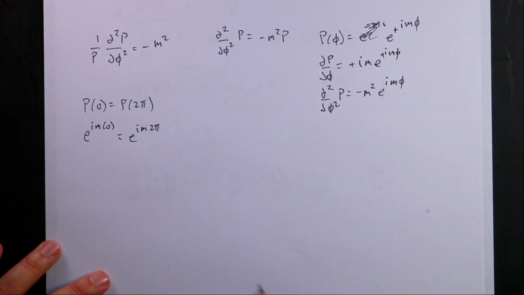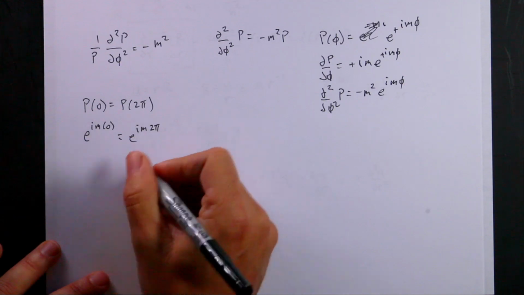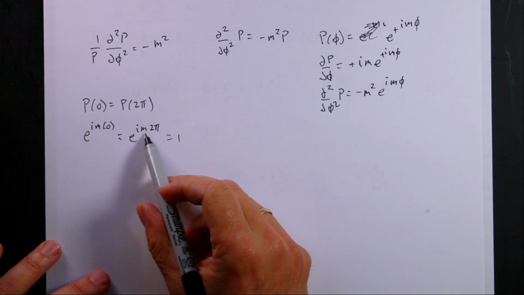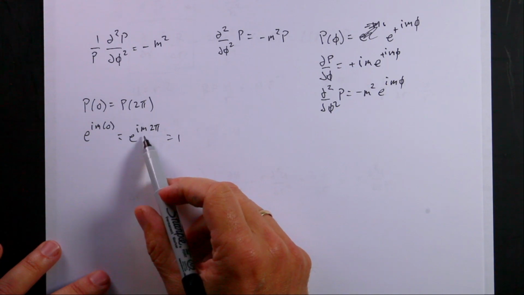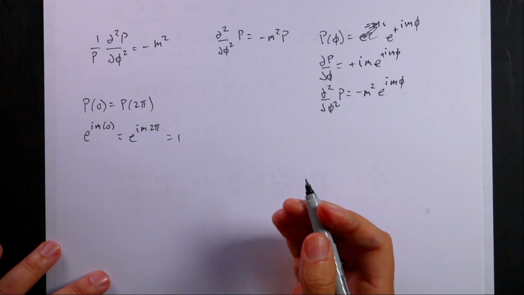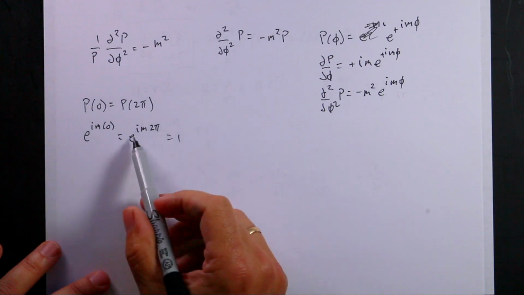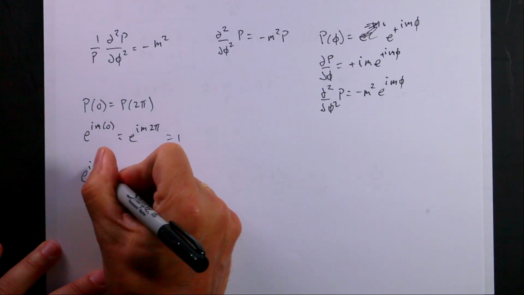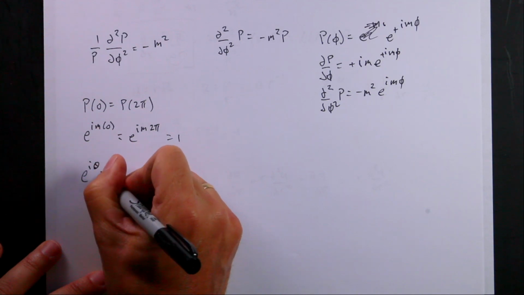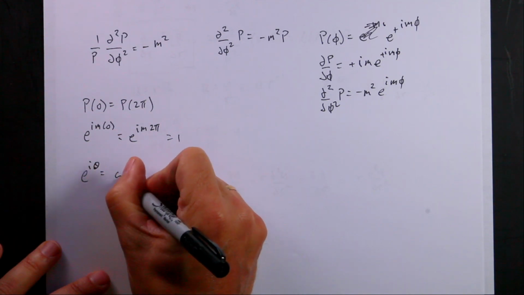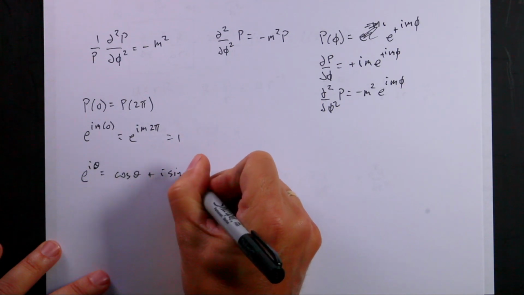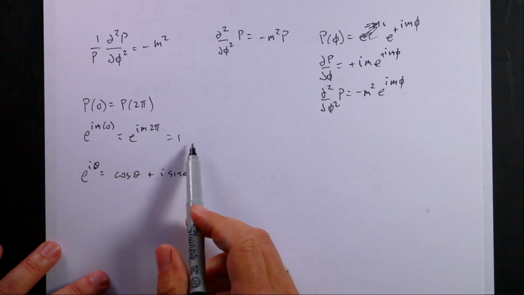That should be true. So this is 1, right? Because I'm raising it to the 0 power. And now what does that say about m if this is equal to 1? Well, we can write this e to the i using the Euler formula. So e to the i theta in general is equal to cosine theta plus i sine theta. But you see here I have no imaginary part.